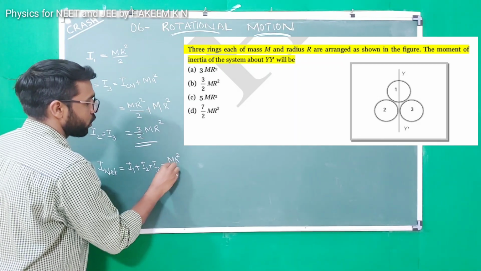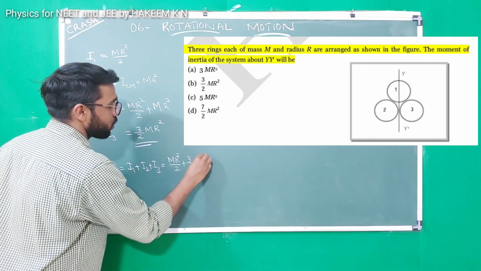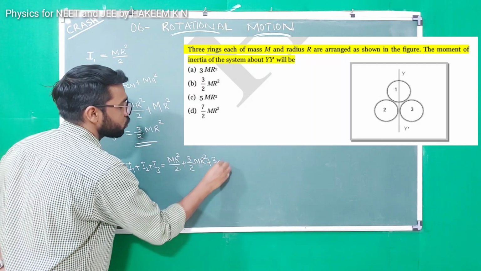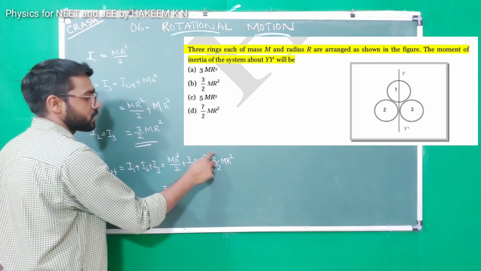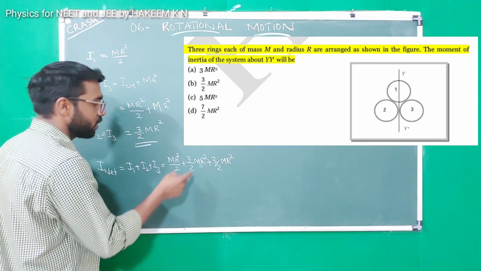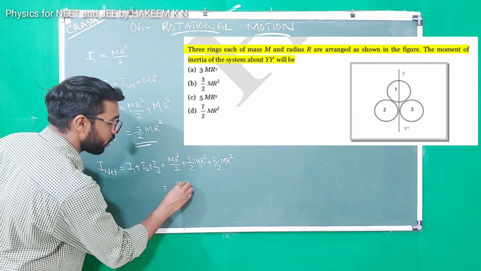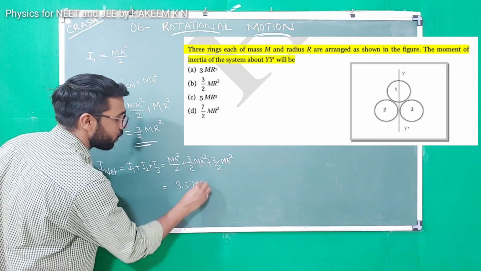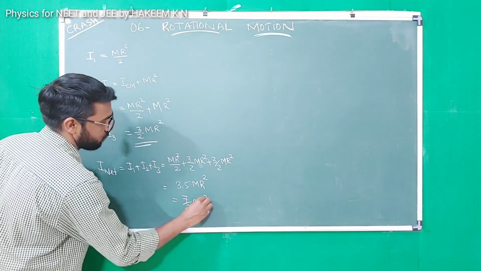Half mr square plus 3 by 2 mr square plus 3 by 2 mr square. 3 by 2 mr square plus 3 by 2 mr square, we will get 3 mr square. 3 mr square plus half mr square, we will get 3.5 mr square, that is 7 by 2 mr square.